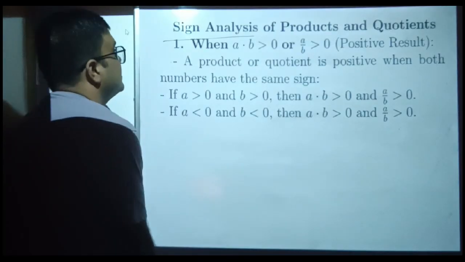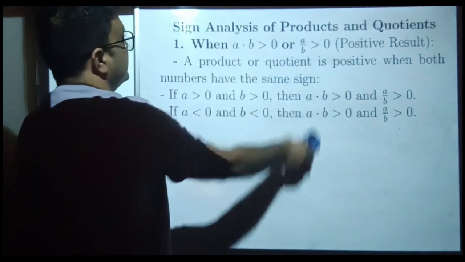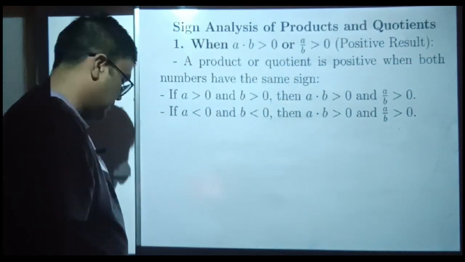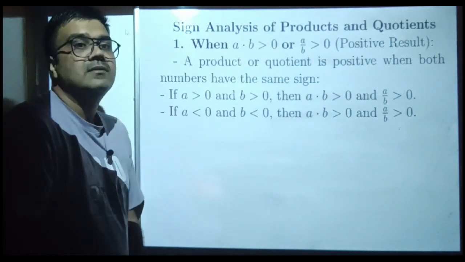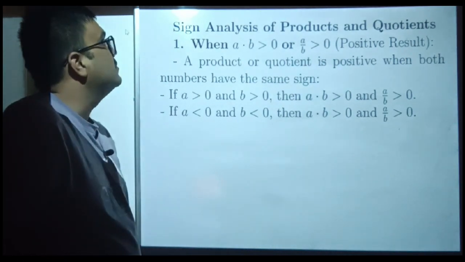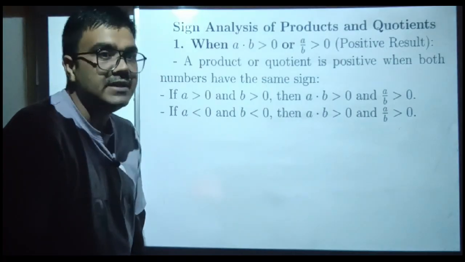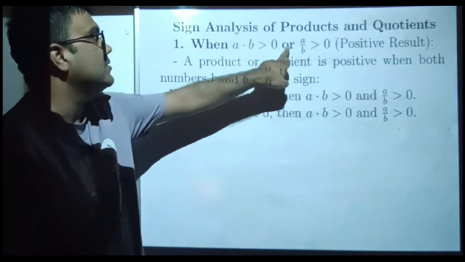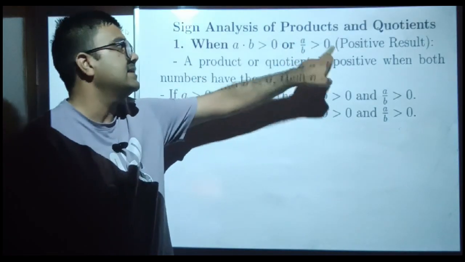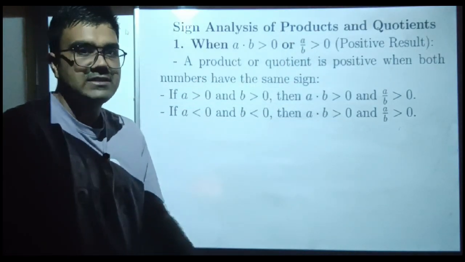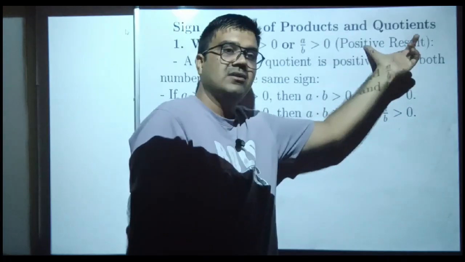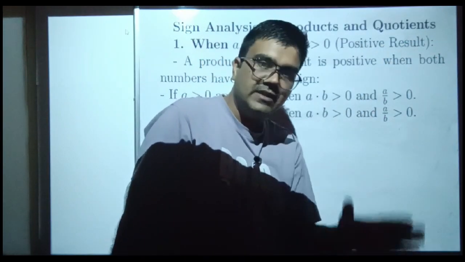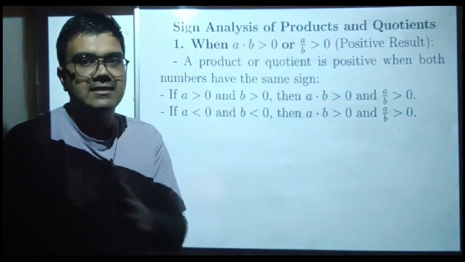Next we have the analysis of products and quotients. When we are talking about that, we have two numbers A and B, and we say A into B is greater than 0 or A over B is greater than 0. We are talking about the first case where we have a positive result, whether we take the product or the quotient.